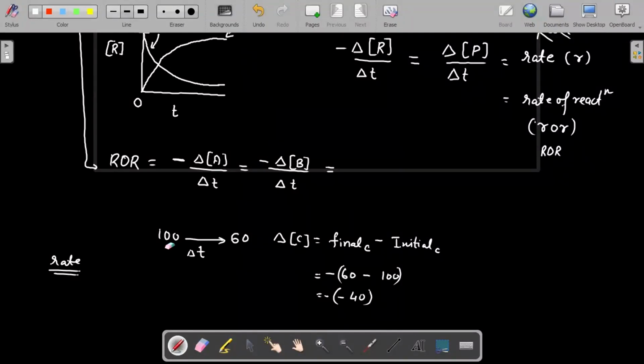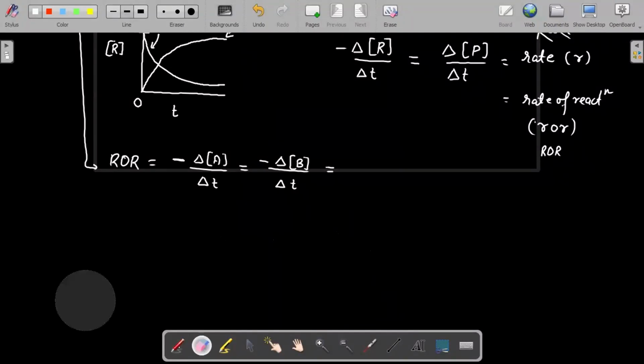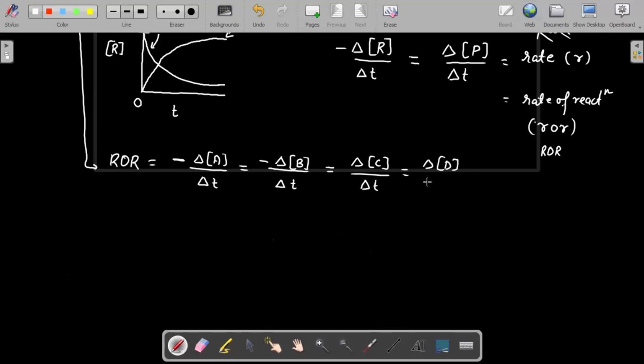Fine. So now it is clear that the rate by which A is disappearing is equal to the rate by which B is disappearing. At the same time, you will find the rate of C increases by the same rate. So this is delta C upon delta t. To calculate the ROR out of these 4, why am I taking 4?